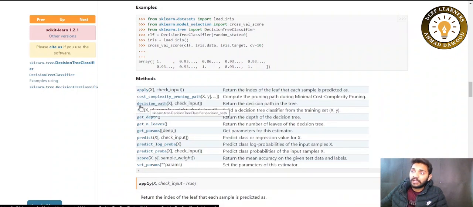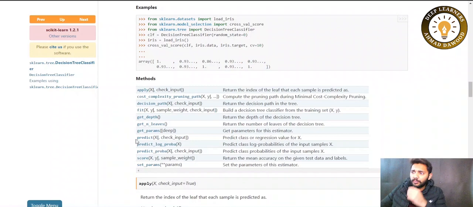Decision path can tell you the whole decision path, how your sample is predicted. Fit is for the training purpose. Get depth can tell you the depth of the tree. Get number of leaves gives the number of leaves of the tree. Get parameters can tell you the parameters. Predict, these are the common functions. Predict can be used for the prediction purpose.